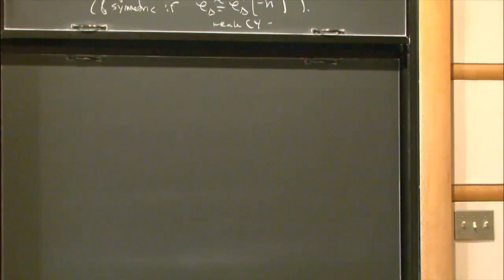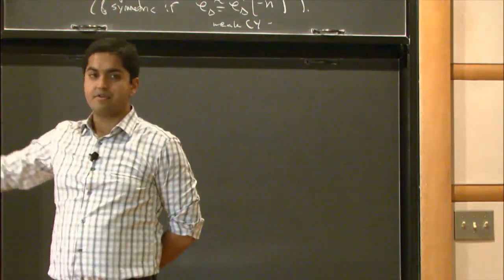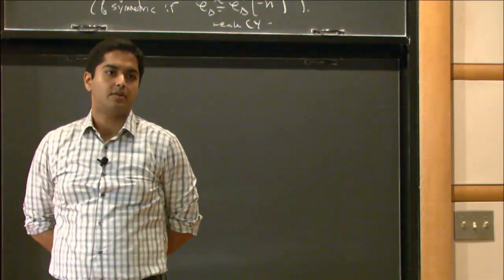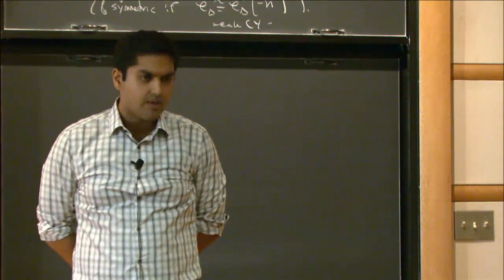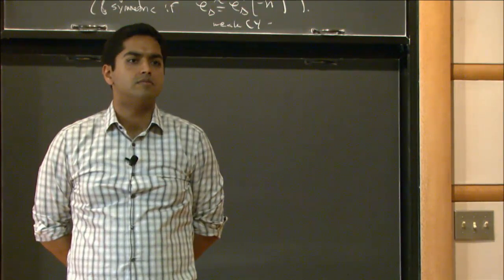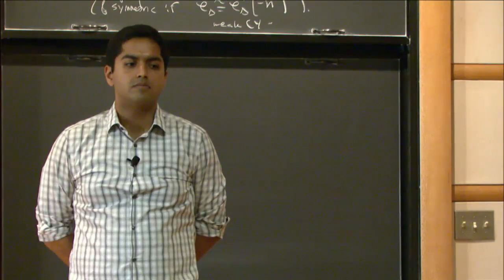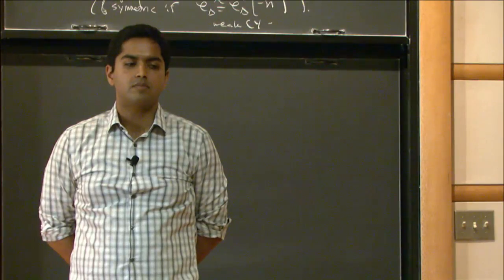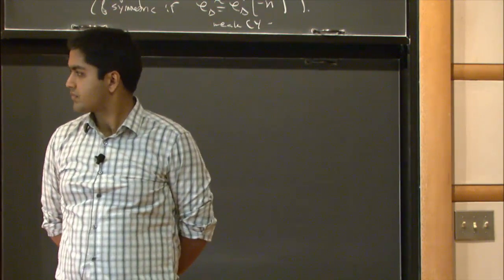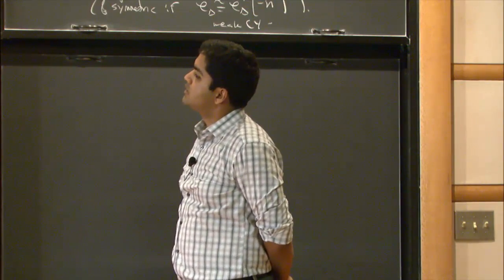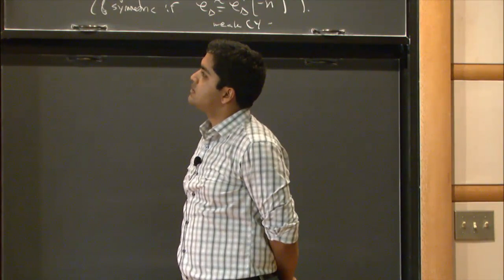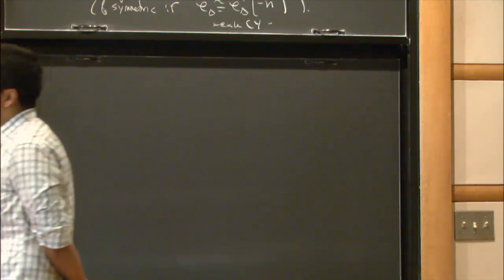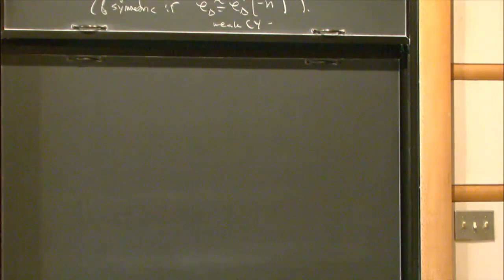Why is it that it isn't symmetric? Well, there are these factors of i that depend on the degree. Somewhere in this identification, something's gone wrong, because the integration pairing seems to be symmetric, but there's also something extra there.